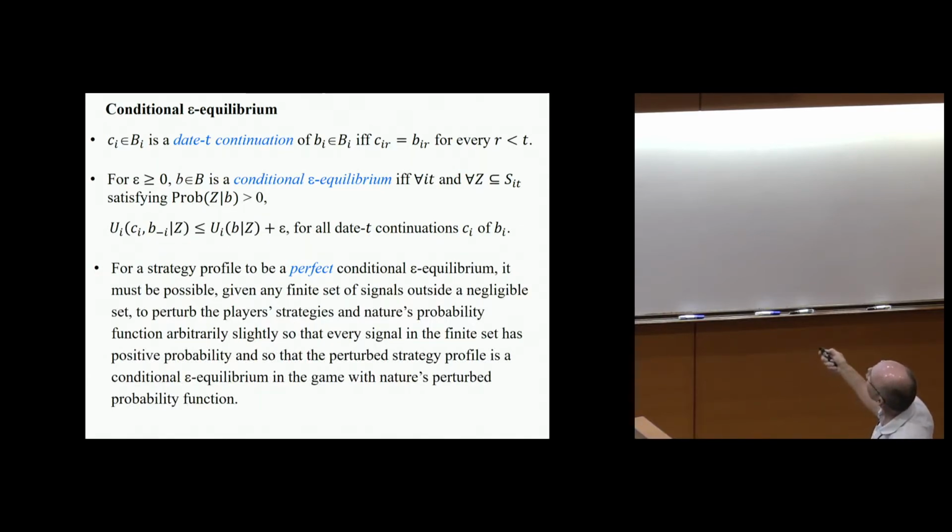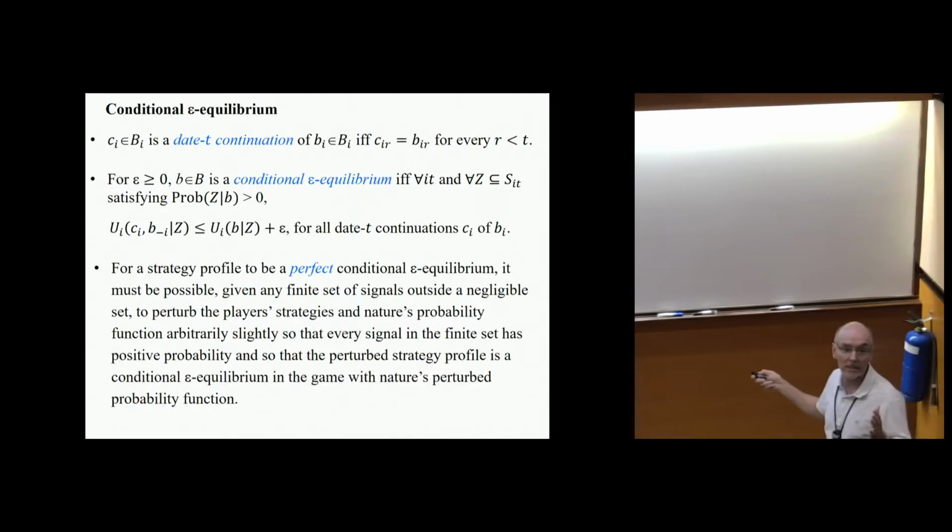So given any finite set of signals outside a negligible set, we must be able to perturb the players' strategies and nature's probability function, so perturb the players and nature, arbitrarily slightly, so that every signal in the finite set has positive probability, and so that the perturbed strategy profile is a conditional epsilon equilibrium in the game with nature's perturbed probability function. Okay?